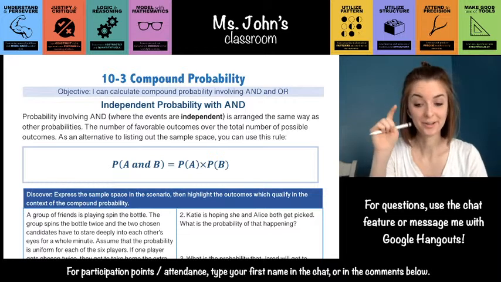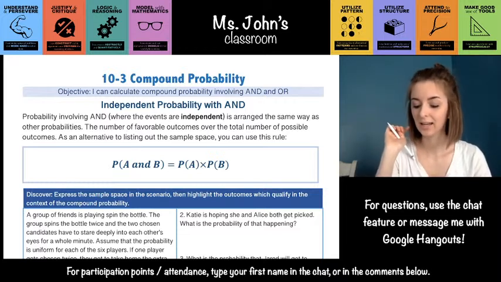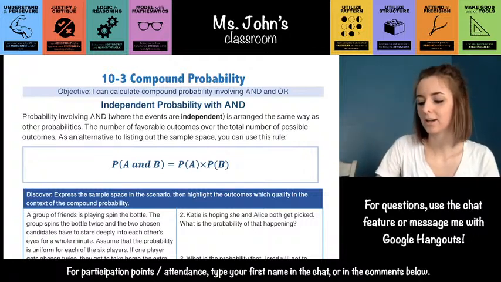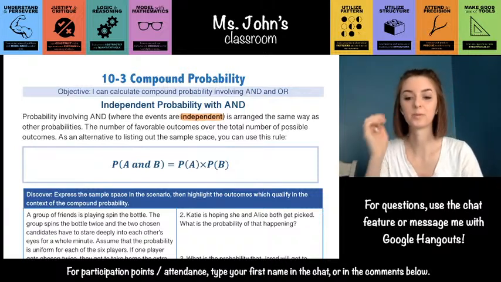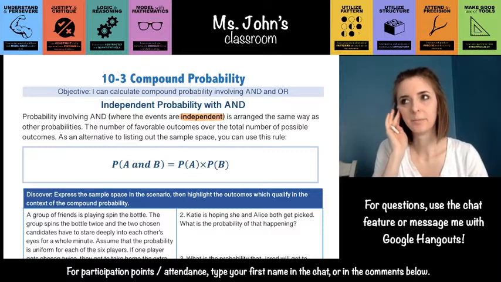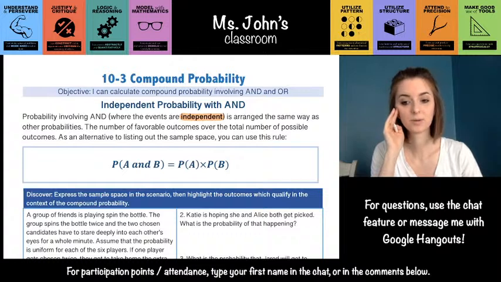So the first one we're going to talk about is "and," because that one's easier. For "and" probabilities, first of all, the reason we talked about independence last time is because independence is super important with compound probability. If you're considering more than one event, you have to know whether or not they're independent, because the math changes one way or the other.